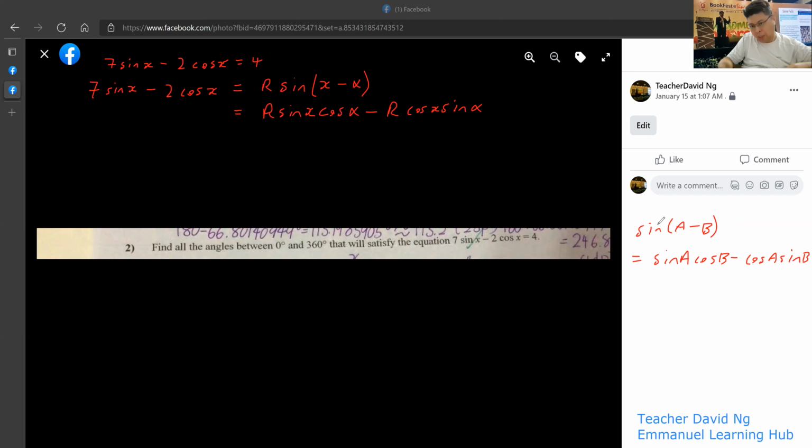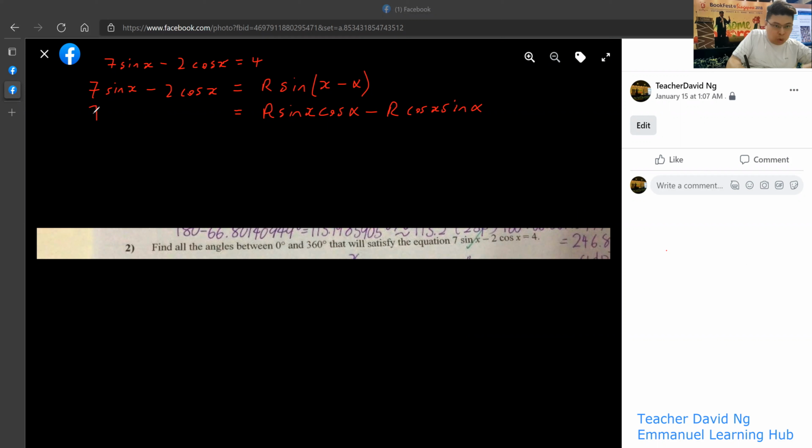Basically, you're applying the trigo addition formula. In my tuition class, I will explain further why the addition formula is this way. How come sine A minus B is sine A cos B minus cos A sine B? But now, due to lack of time, I will just focus on explaining this question.